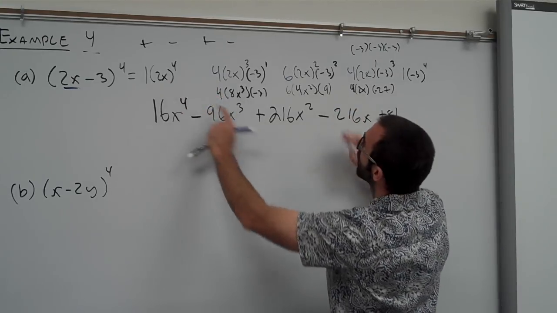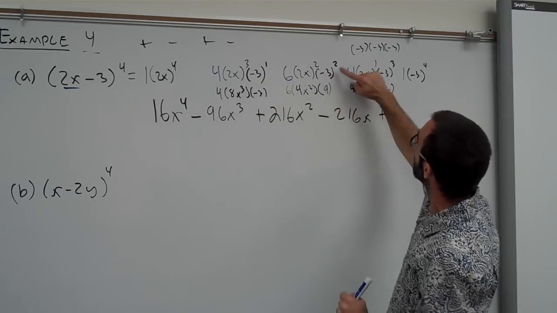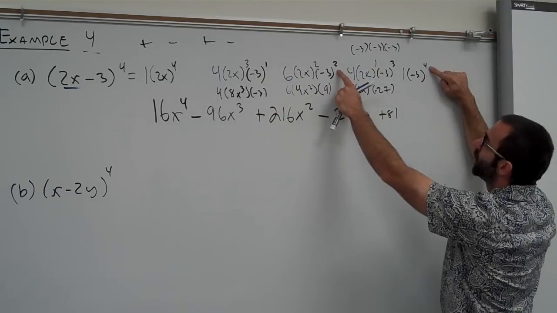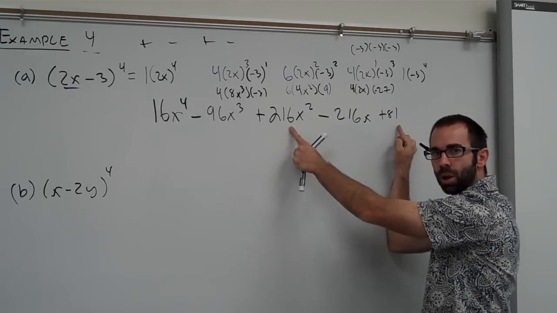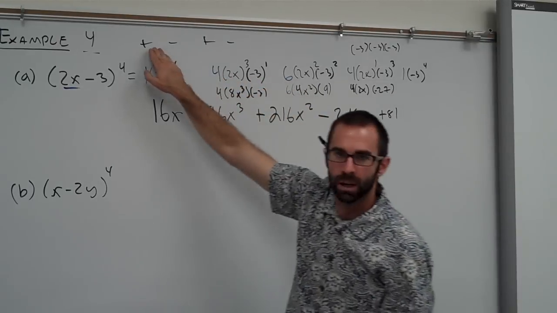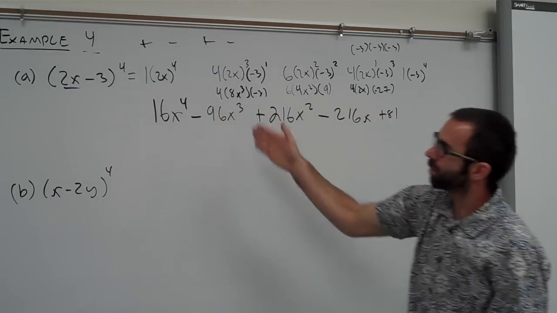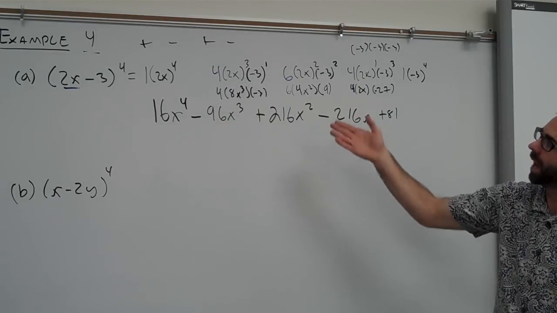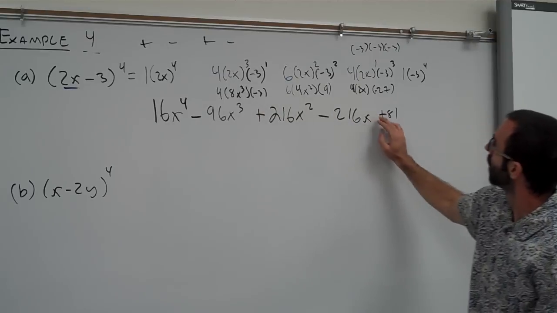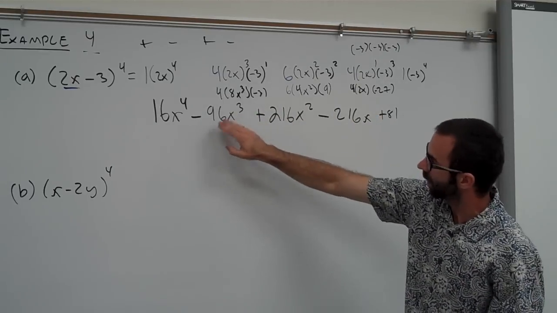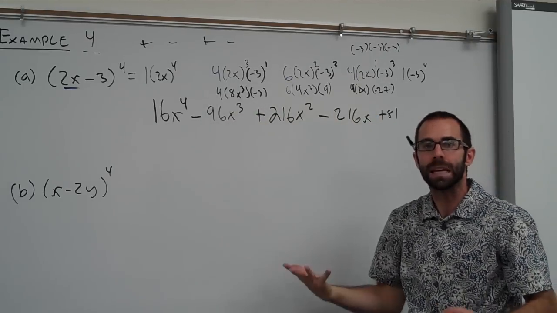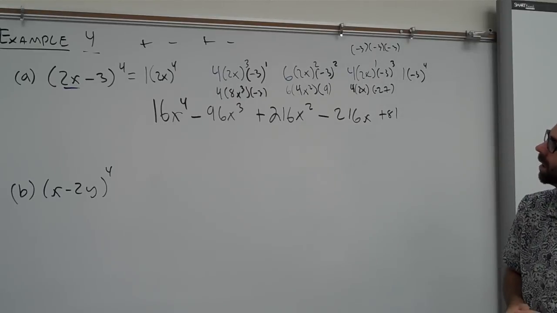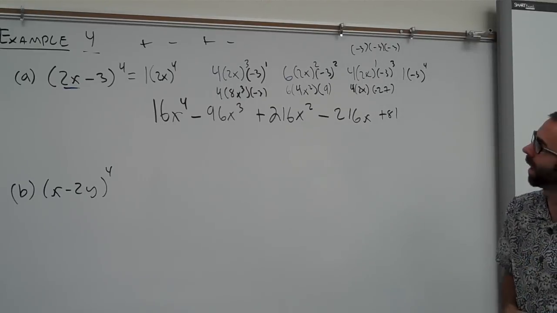If the exponent is even, like these two, then you always get a positive answer. That's why it's always plus, minus, plus, minus: all the odd exponents give a negative number, and all the even exponents give a positive.